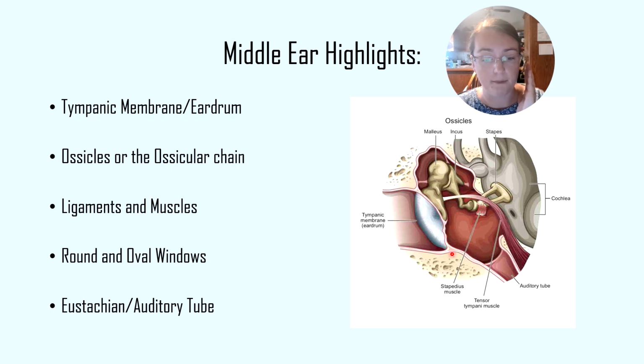And then the auditory tube down here, that is important because it helps equalize the pressure in our ears, kind of like when our ears pop, because they're supposed to be air-filled. It also helps with making sure that fluid is drained, because we don't want to sound like we're underwater. So if, like in kids, their heads aren't quite tilted in their ears enough, they can pool a lot of fluid there, and that can impair their hearing.